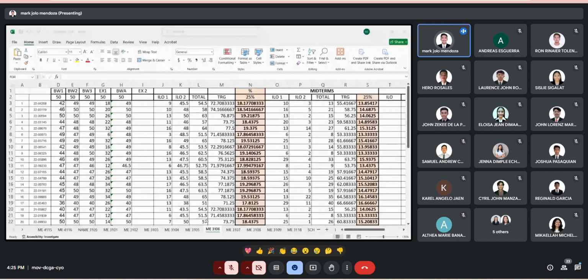So, tataas naman 'yan kasi may +10, 'di ba, yung may mga +10. Pero kung ang scores niyo ay 60, ang passing score is 60 out of 100, mas malaki yung itataas nun.